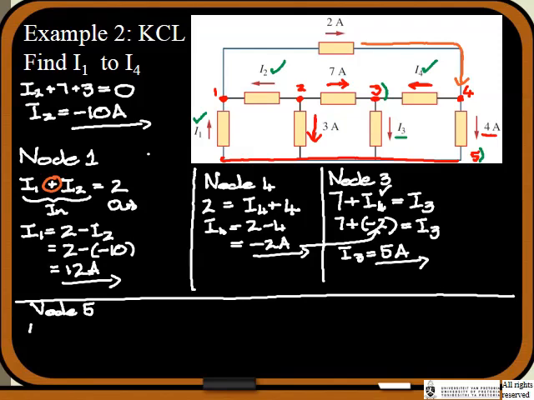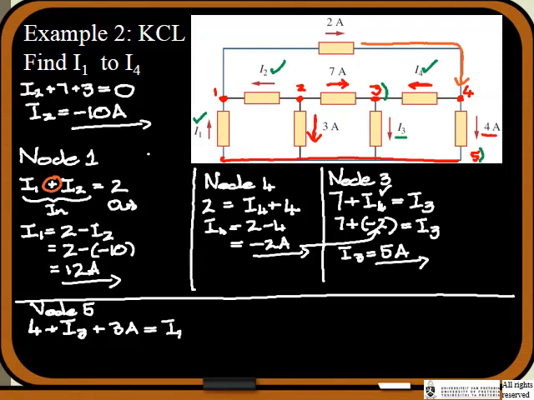So we've got 4 amps coming in. Then we've got I3 coming into that node. We have then the 3 amps coming into the node, and I1 is going out, so that equals I1.